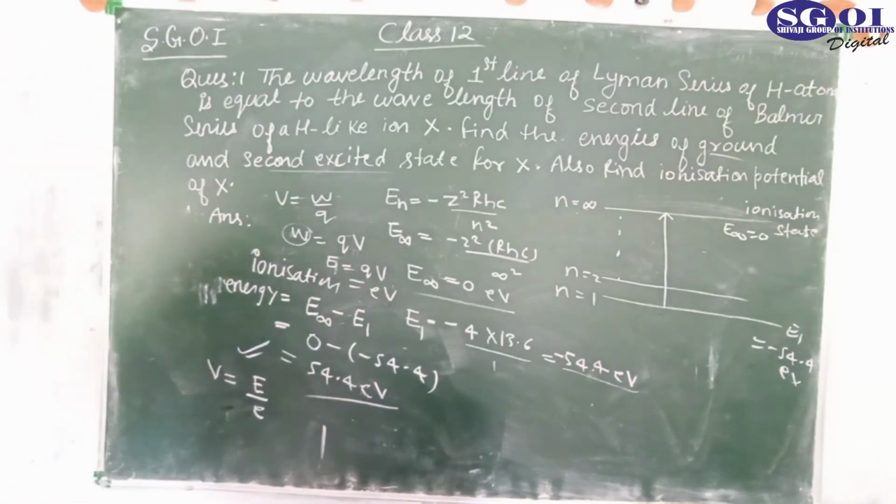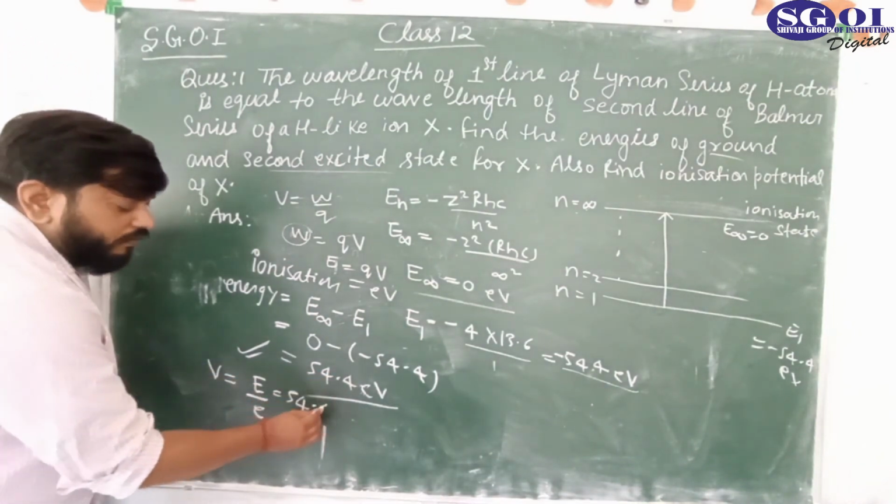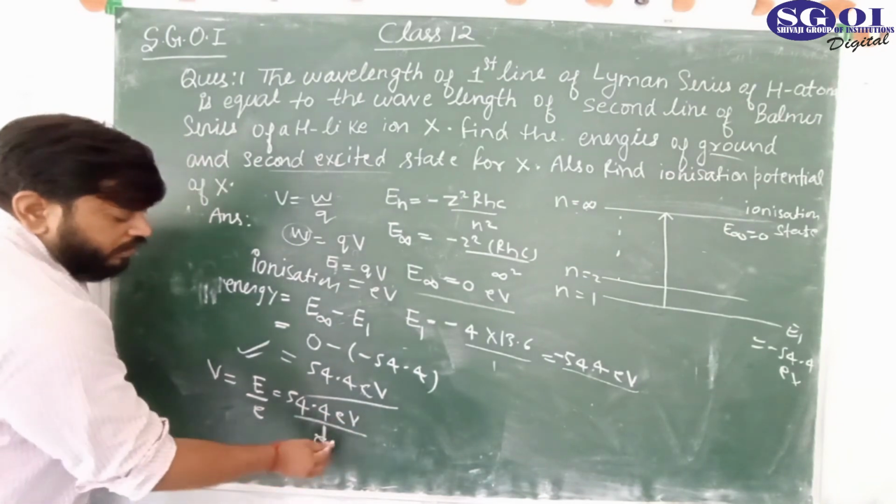So it is 54.4 electron volt upon e, so cancel e with e.